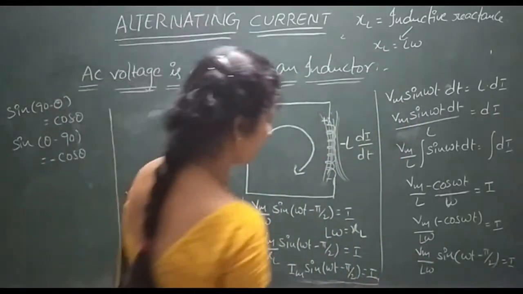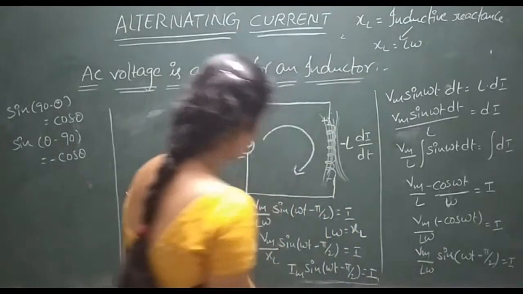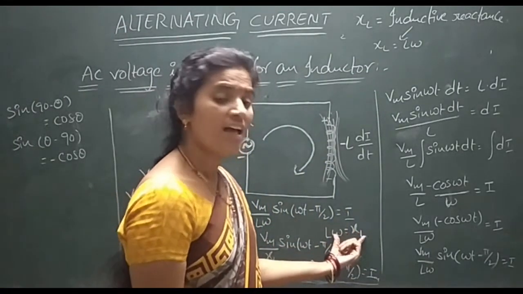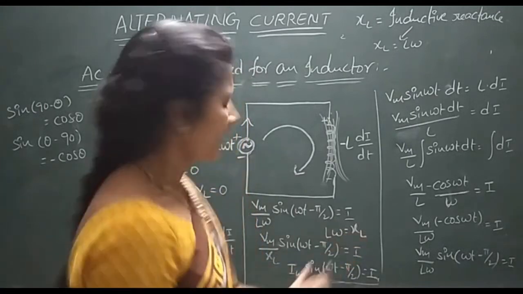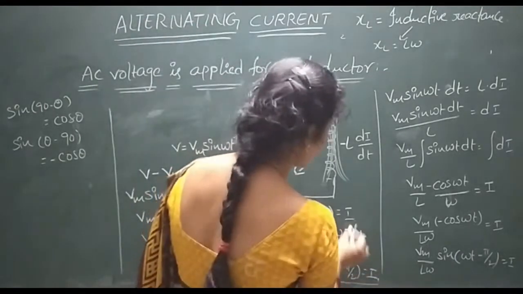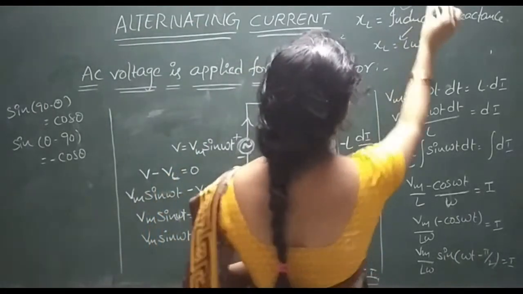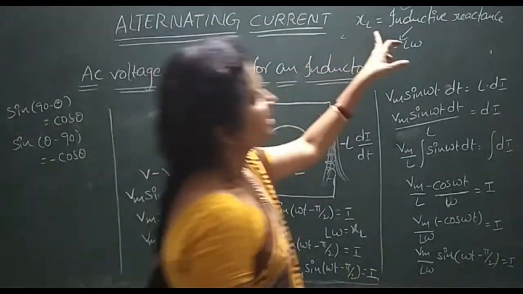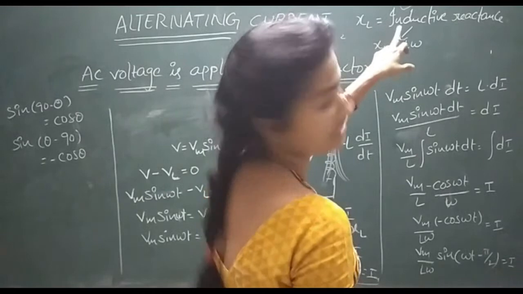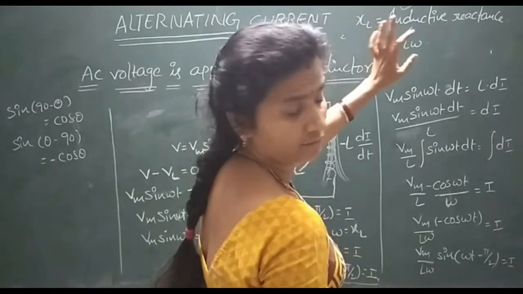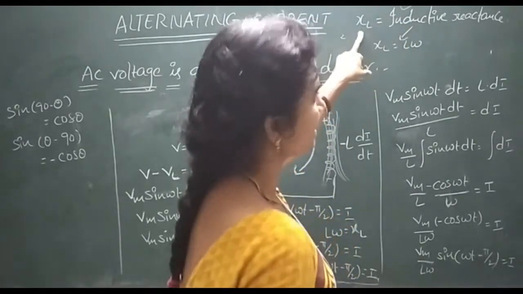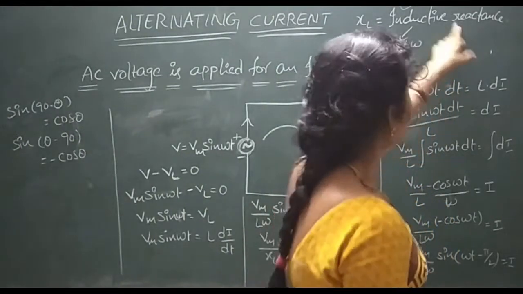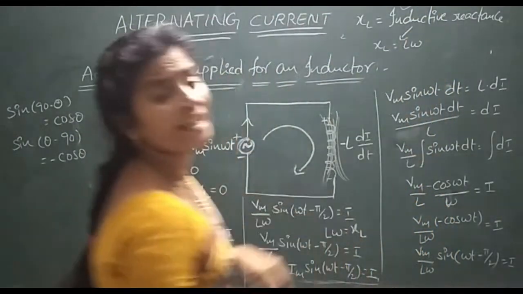Here L omega is nothing but XL, where XL is known as inductive reactance. XL is nothing but the resistance offered by the inductor.